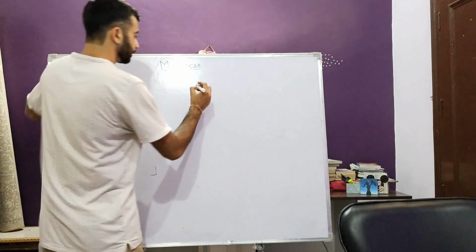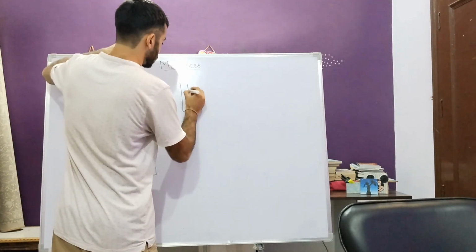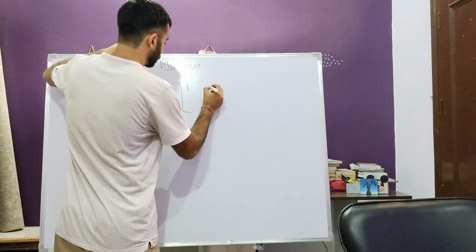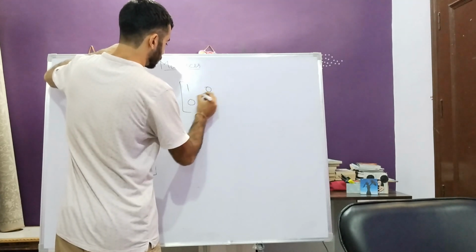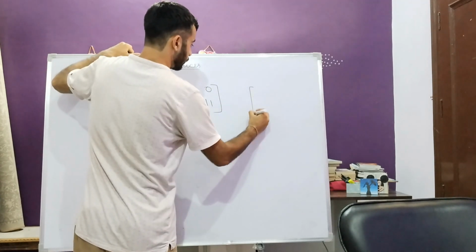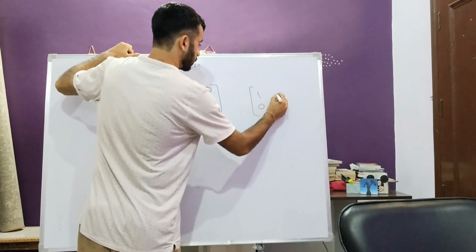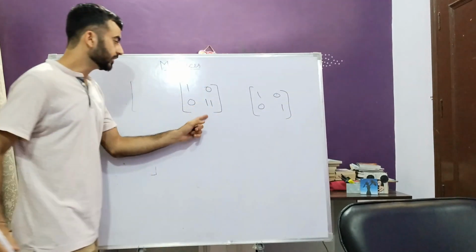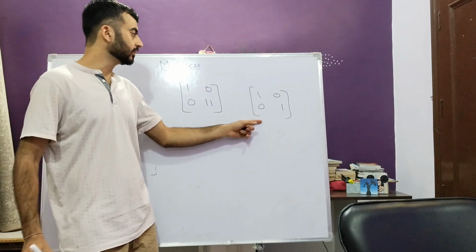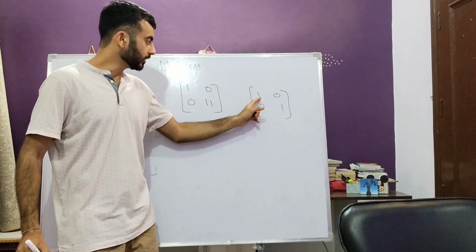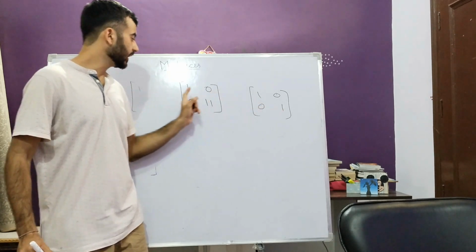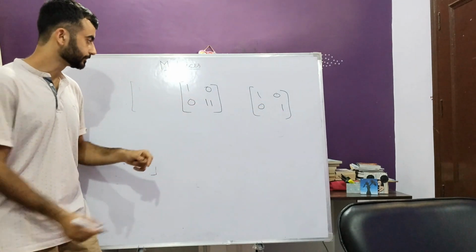Let me show you. This one is an identity matrix because here the diagonal elements are 1, and here diagonal elements are not 1.